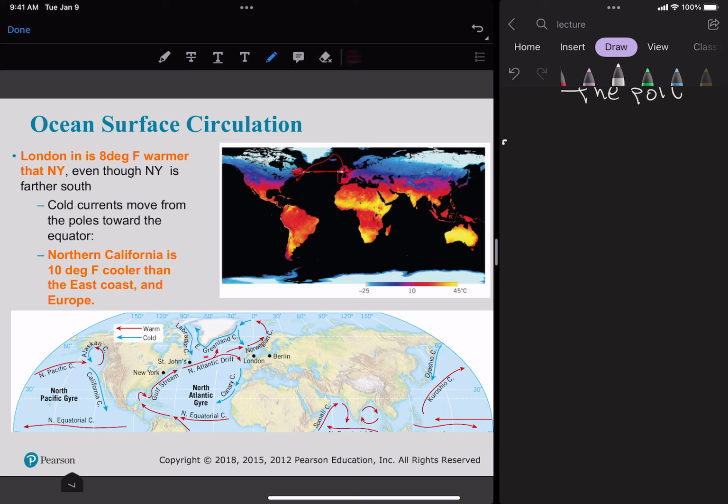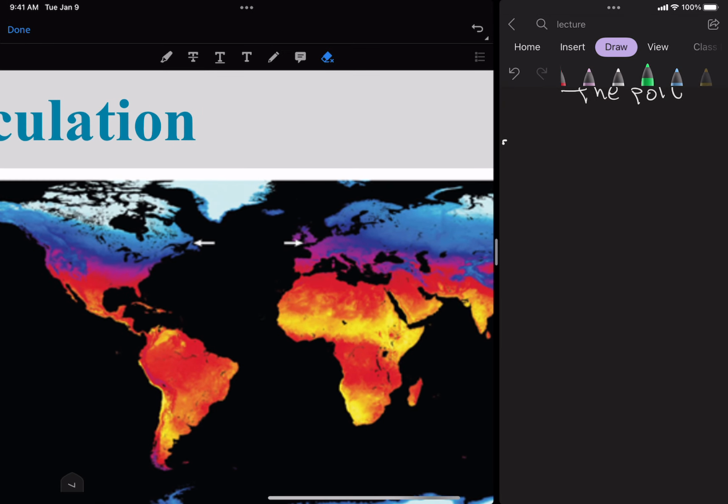So one major effect is this, and let's look at a more familiar example. London is up here, New York City is down here. And what you find is that even though London is farther north, on average it's warmer than New York City. The reason why is that it's getting these warm waters that are passing by it, whereas New York City is getting colder waters that are passing by it.